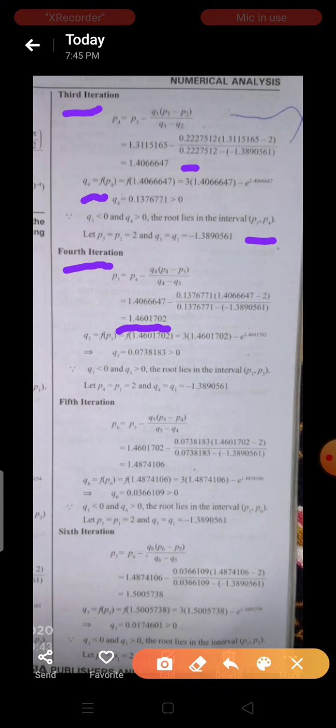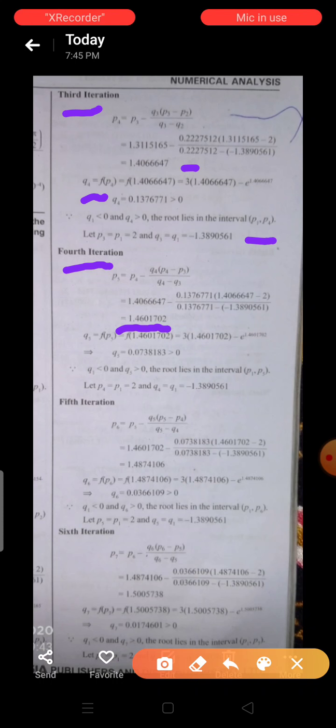Next, find out Q5. Q5 is equal to f of P5 is equal to f of 1.4601702 is equal to 3 into 1.4601702 minus e power 1.4601702, implies Q5 is equal to 0.0738183.